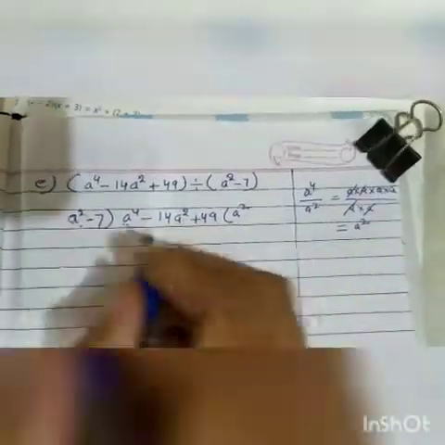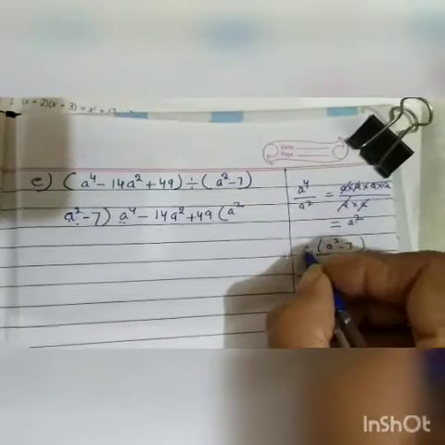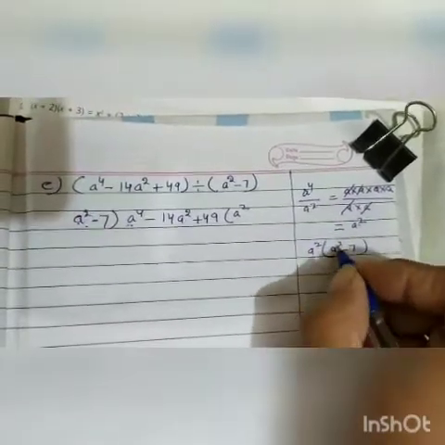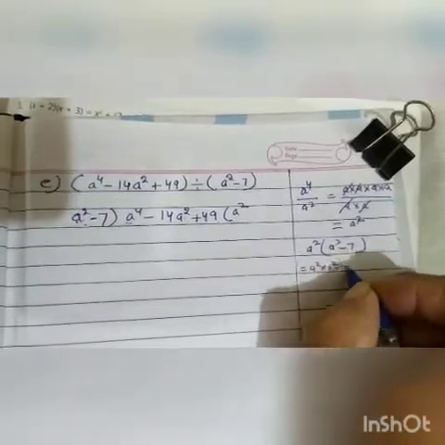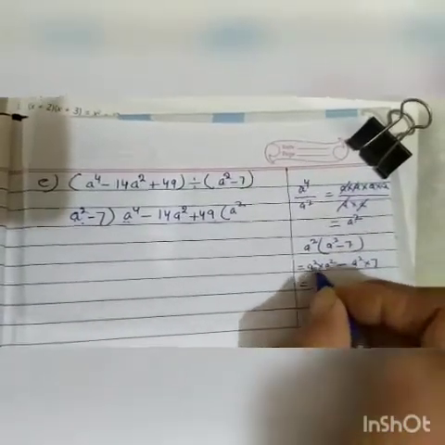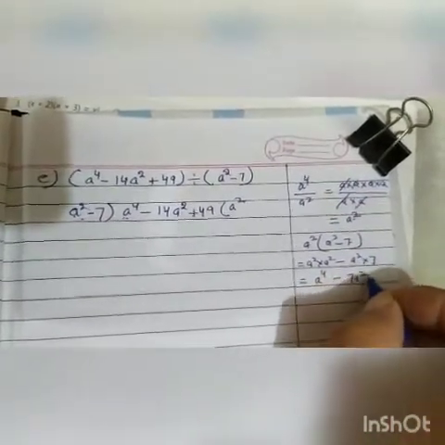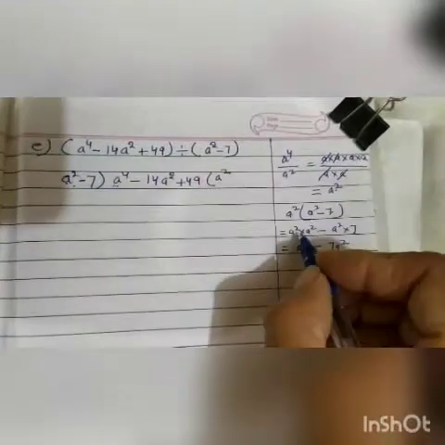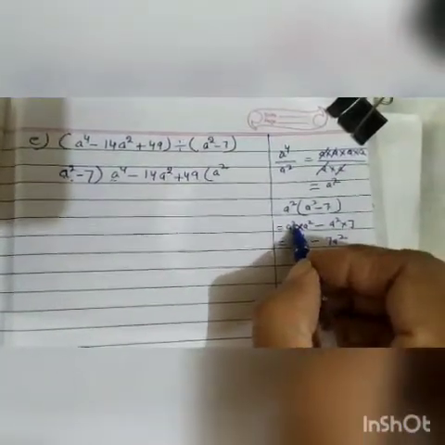Now multiply this a square minus 7 by this a square. A square multiplied by a square minus a square multiplied by 7. This is a power 4 minus 7a square. Students, always remember, when we multiply, then powers are added.